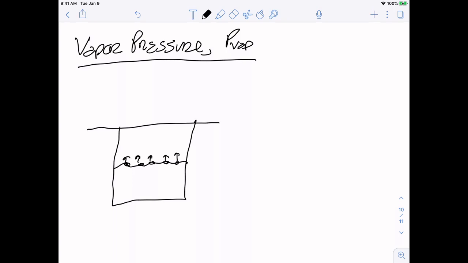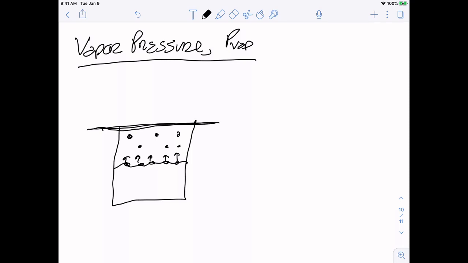They're breaking their intermolecular forces, and I'm forming a gas. I have no intermolecular forces once it evaporates. I'm going from a liquid to a gas. So these gas particles are building up. I have a lid on it, however, so they can't go anywhere. As it evaporates, I get more and more gas particles.